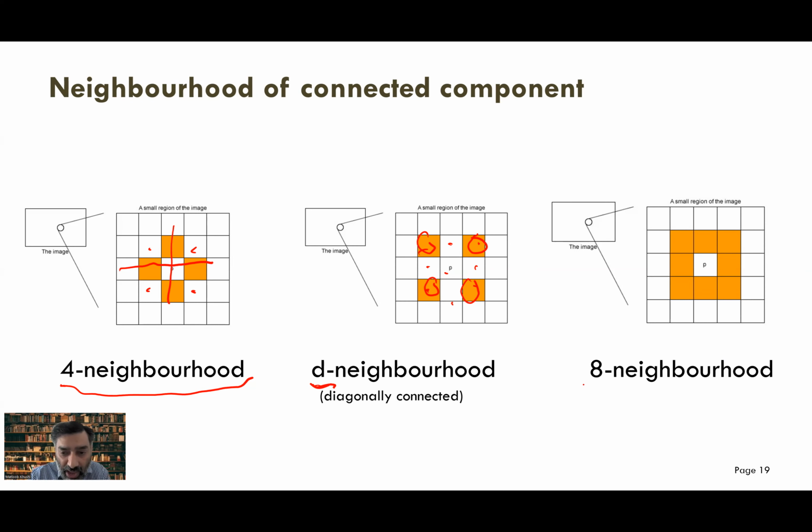And if you say 8 neighborhood, that means everything around this pixel is a neighborhood, right? This now all is a neighborhood. So why do we need to define it?